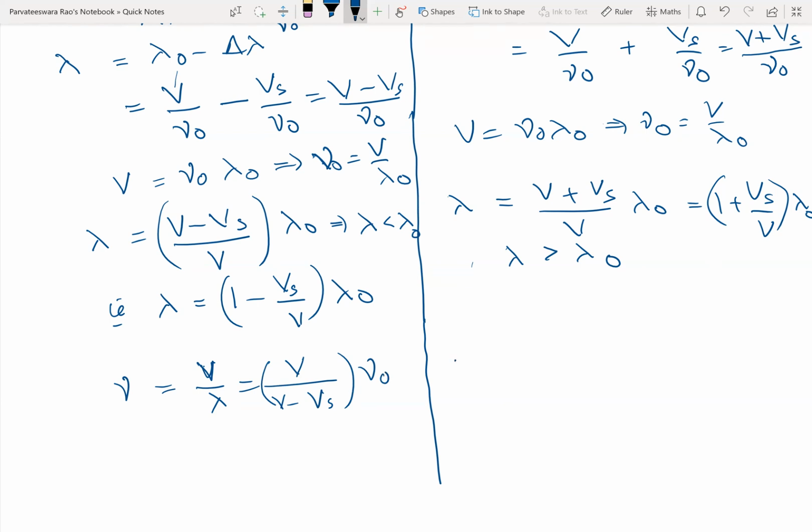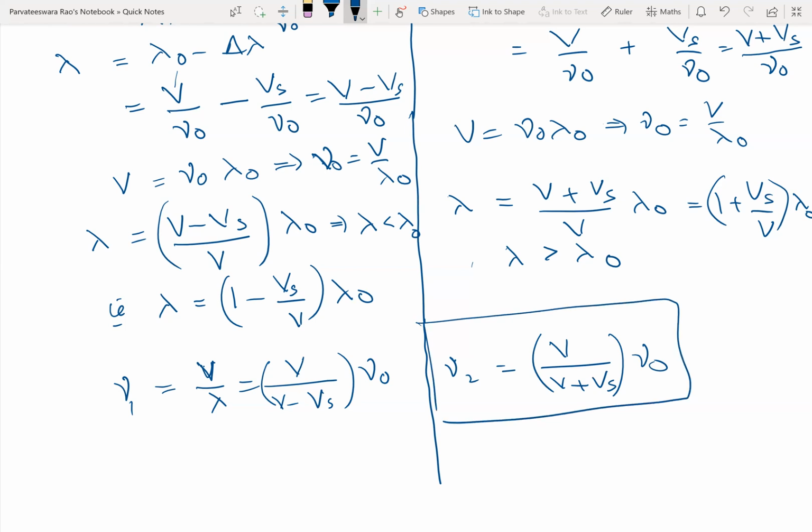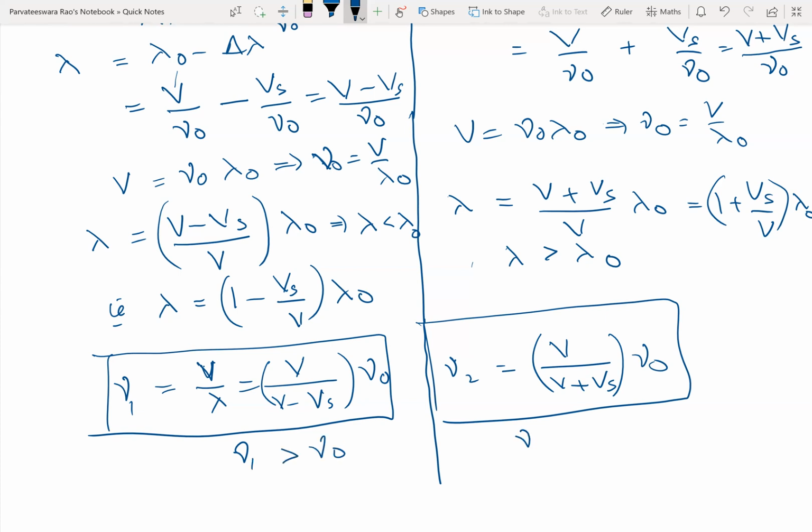And in this case, V by V plus Vs into nu naught. So because the denominator is decreasing, we'll be getting nu1 greater than nu naught.